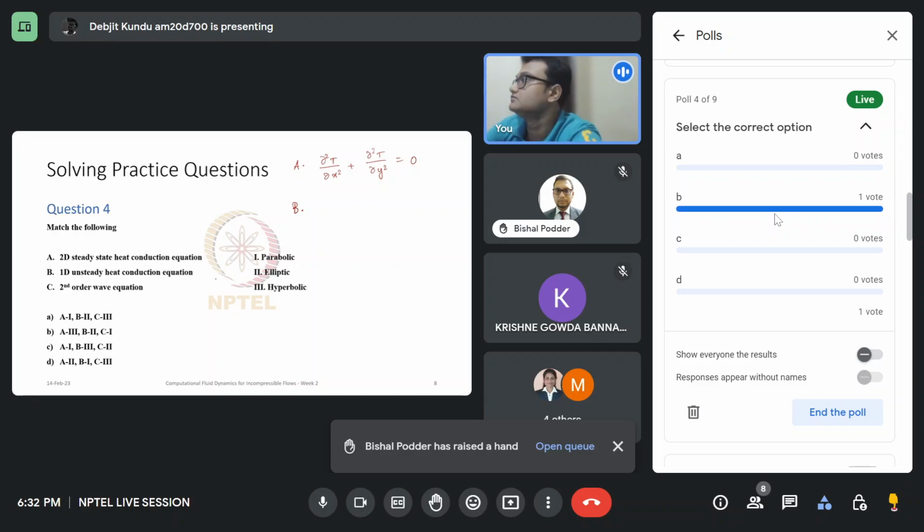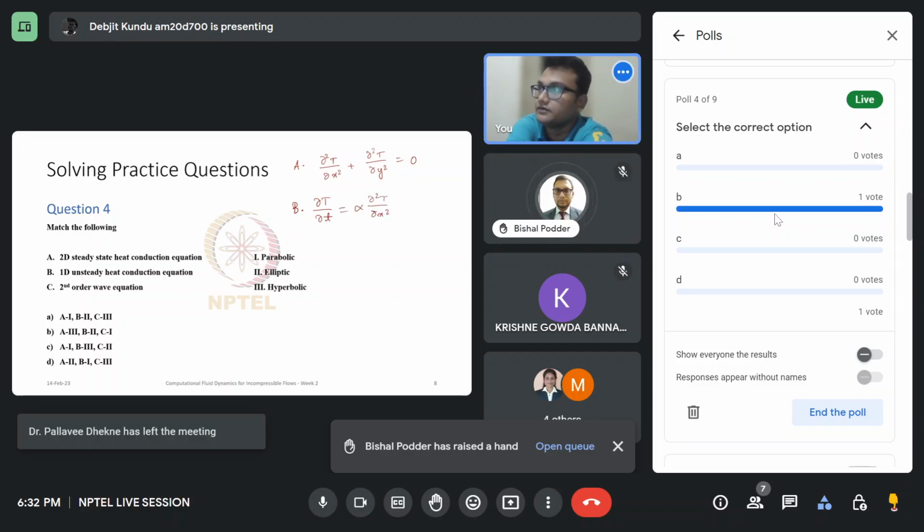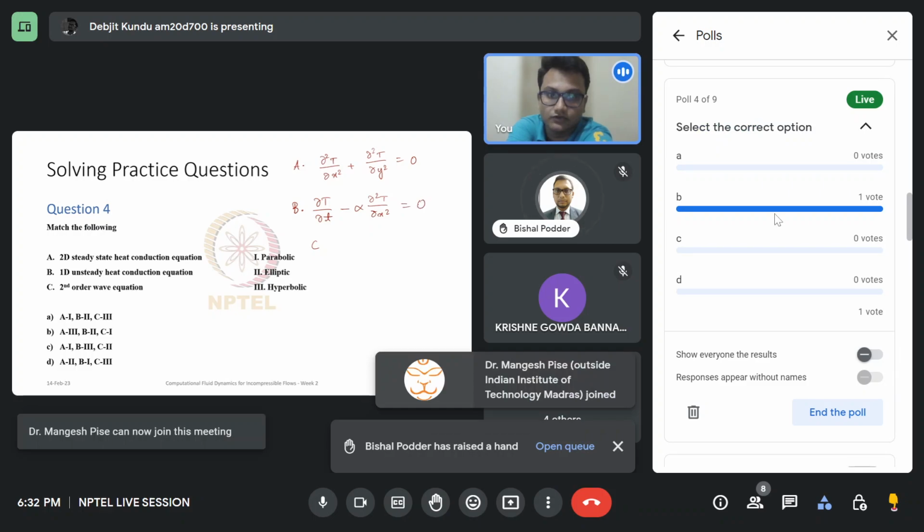Anyway, back to this 1D unsteady heat conduction equation. Unsteady means there will be a dT by dt, right? There will be a time derivative. What else? Equal to alpha del square T by del x square. Correct. Then, I'll write this a bit differently: I will write this as minus this and equal to 0.